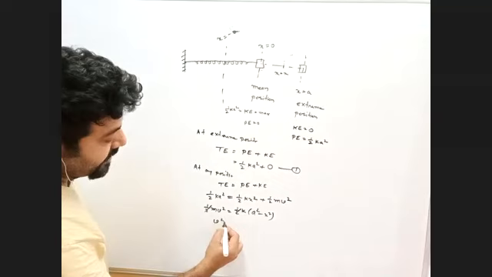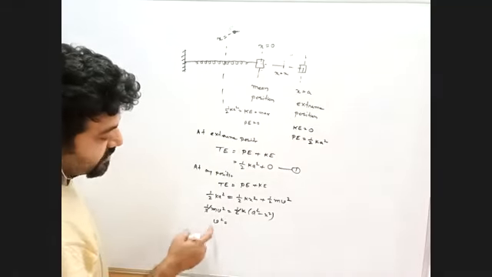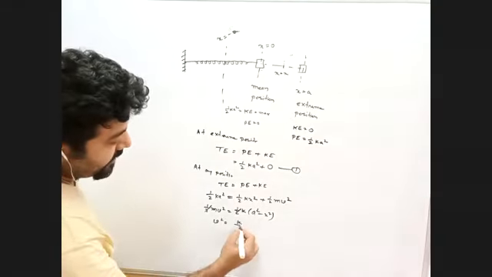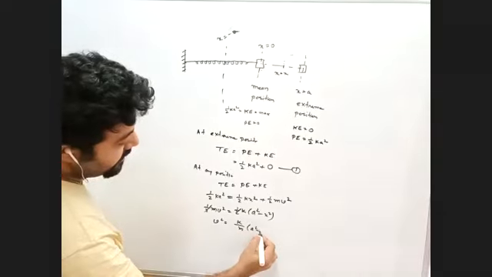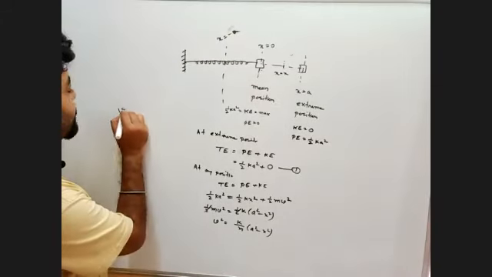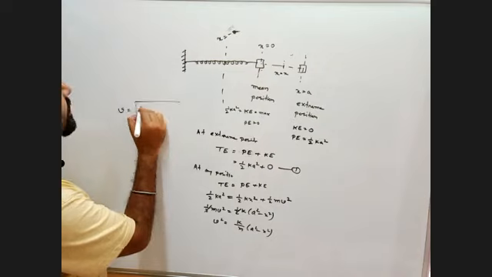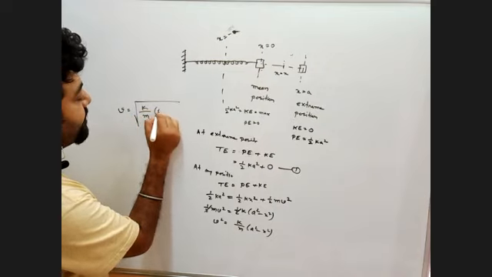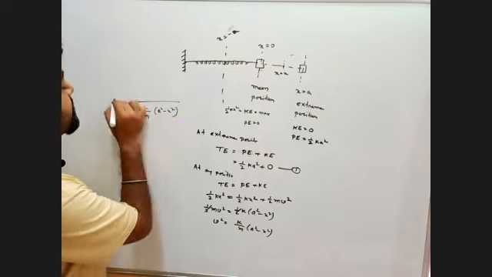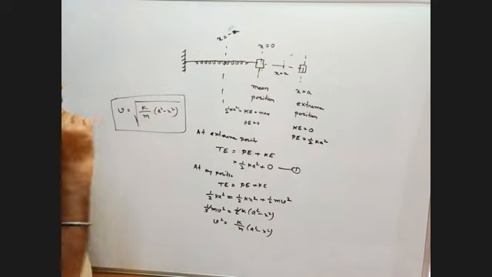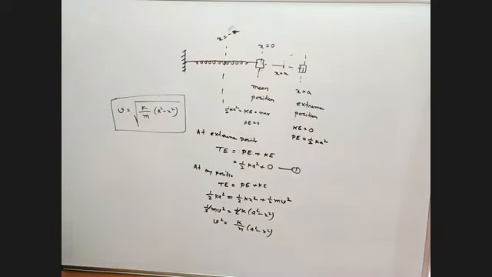So v square is k by m into a square minus x square, which means velocity is root under k by m into a square minus x square. This is very, very important. From this, if x is 0, what do you mean by x is 0?